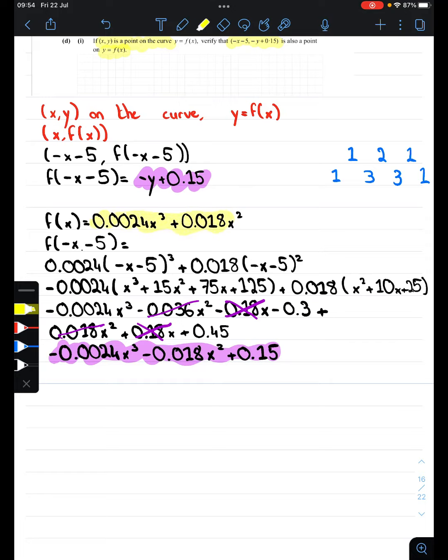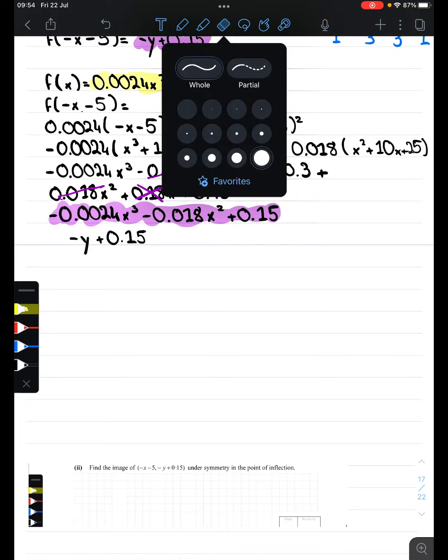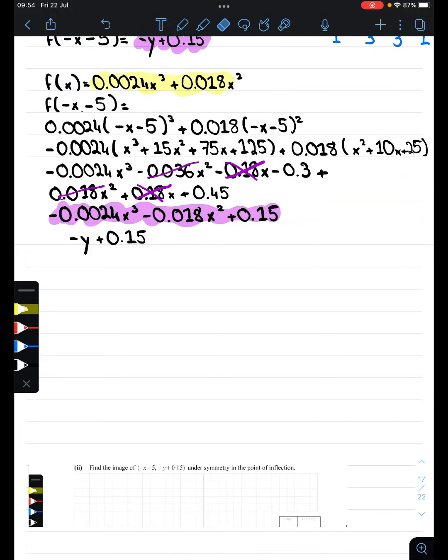And this is f of x, and f of x is y. So this is just minus y plus 0.15. Okay, and now we have that f of minus x minus 5 equals minus y plus 0.15.